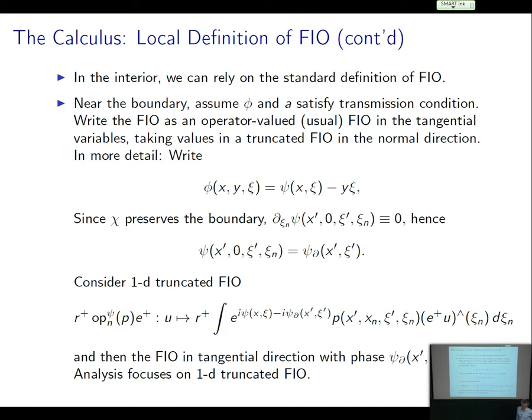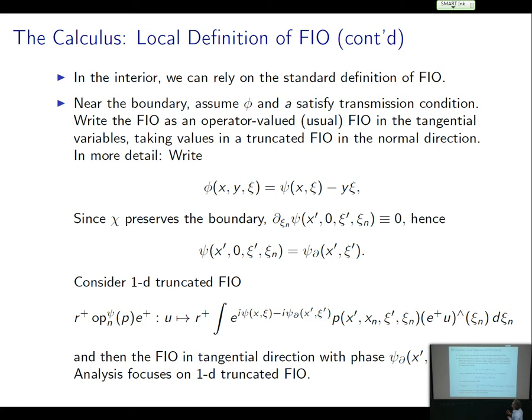Just as in the case of Boutet de Monvel, we look at them as operator-valued symbols combined with this cut-off and extension procedure. So just to give a little detail on how this works, you have the phase and the amplitude.